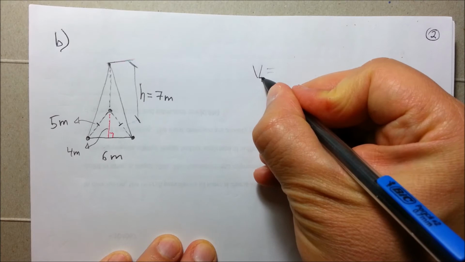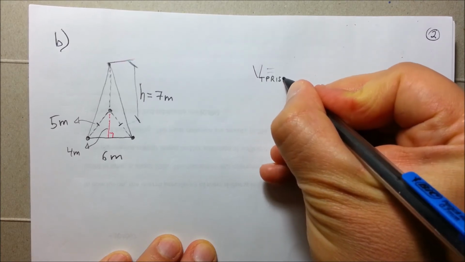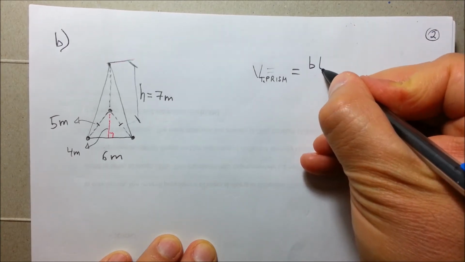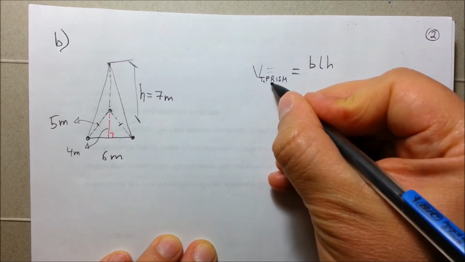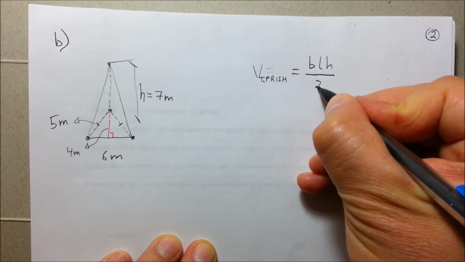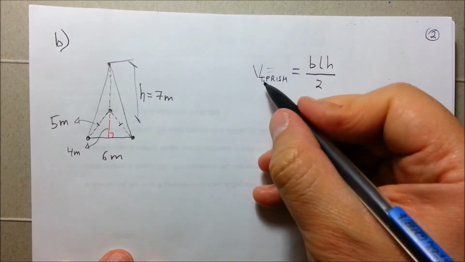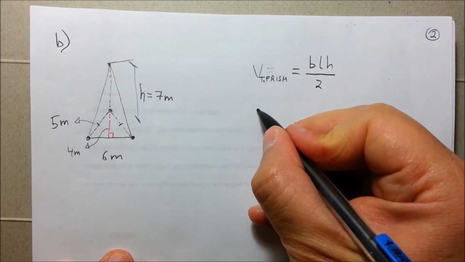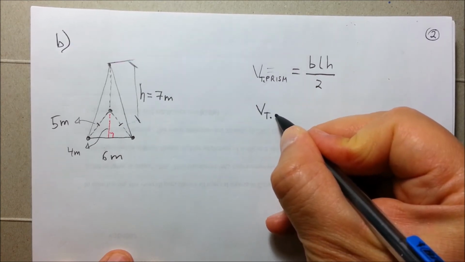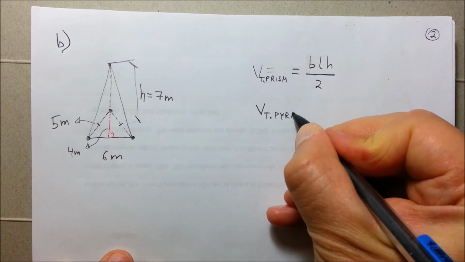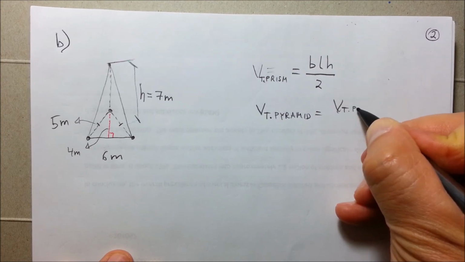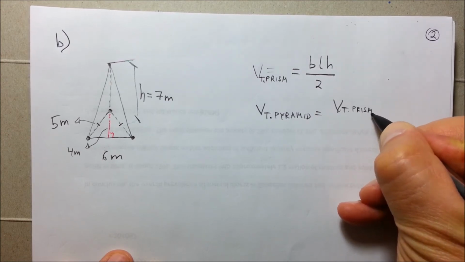So let's call this the triangular prism. The volume of a triangular prism is equal to the base times the height of the base times the height of the actual triangular prism, divided by 2, right? That's the formula that we have on our formula sheet. Now remember, the formula for the corresponding triangular based pyramid is equal to the volume of the triangular based prism divided by 3.